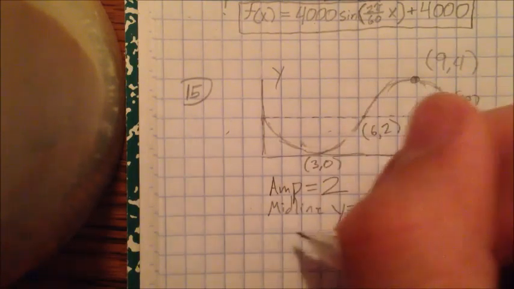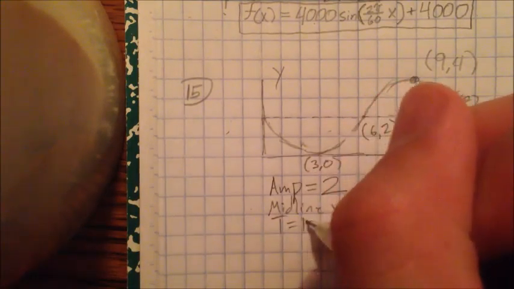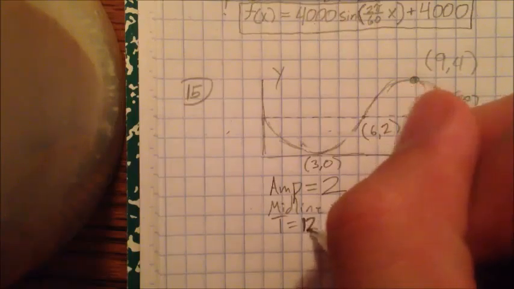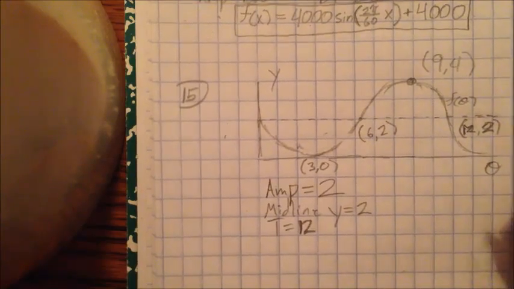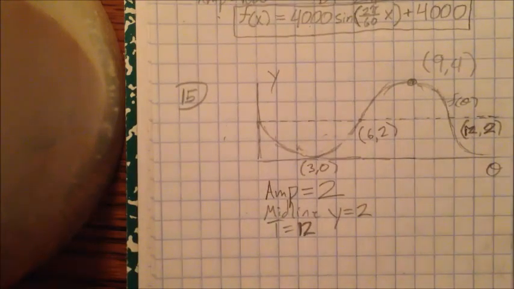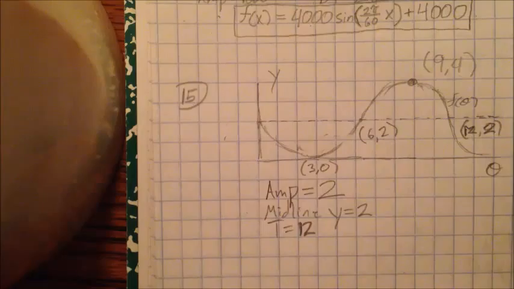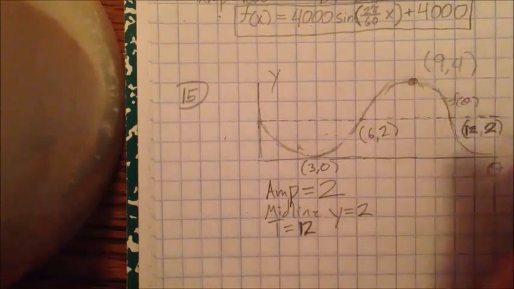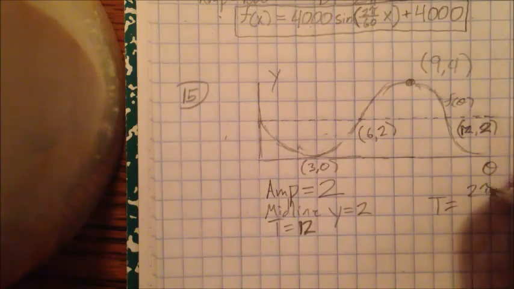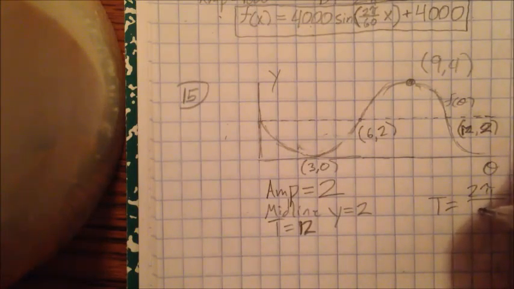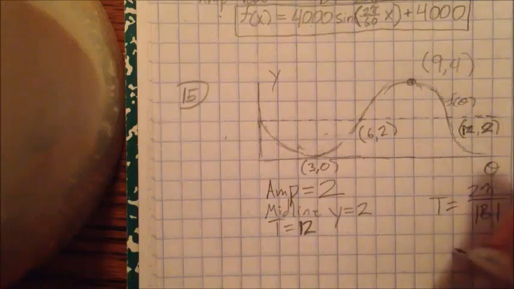So we find that t is equal to 12. Again, I use t because physics has sort of drilled that into my mind. Now we can find out what the b value is using our t value. So t equals 2 pi divided by the absolute value of b.